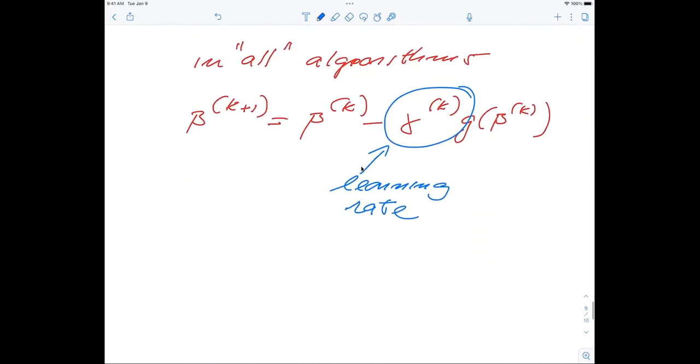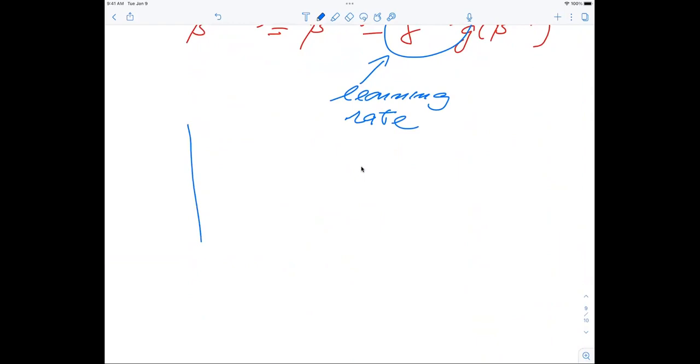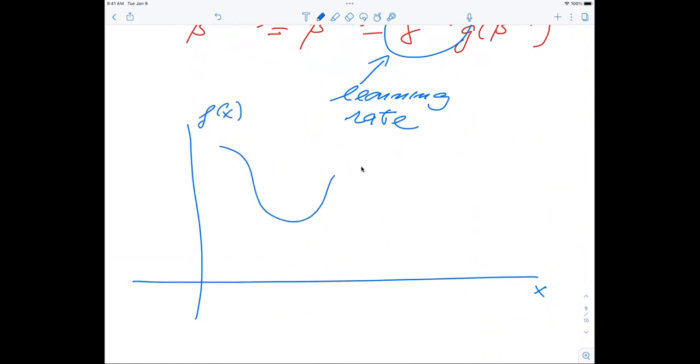If you look at the gradients, what could happen is that the function you want to optimize, if we just stay in one dimension, suppose this is a function f of x, could look something like this. And ideally, you want to find this point.